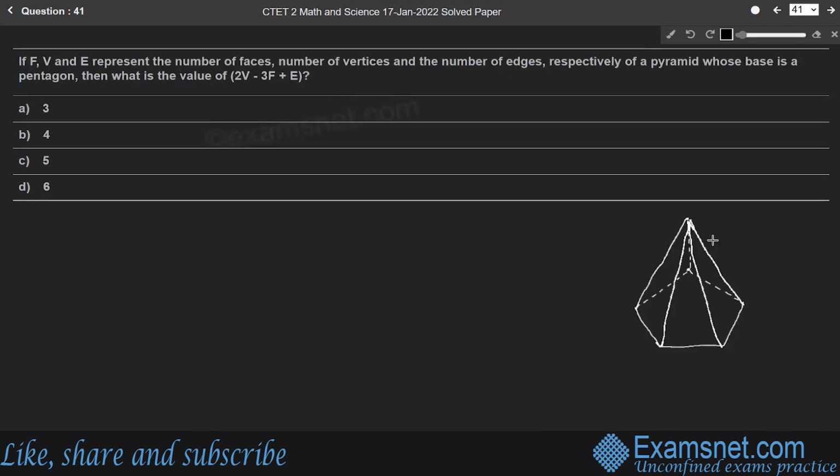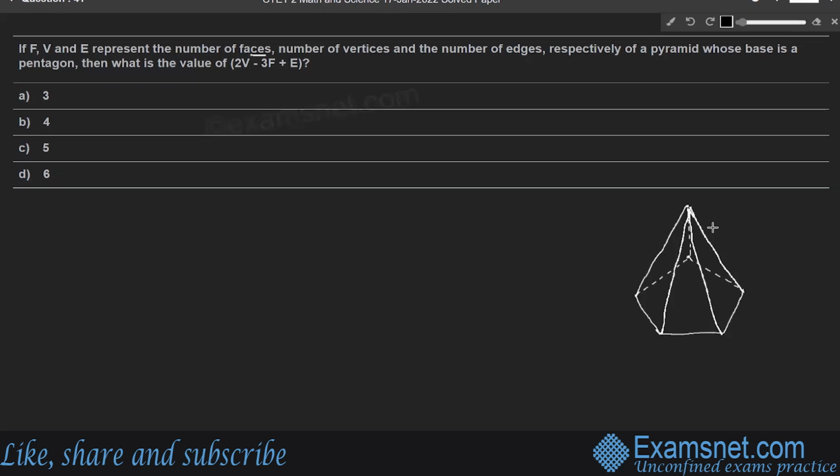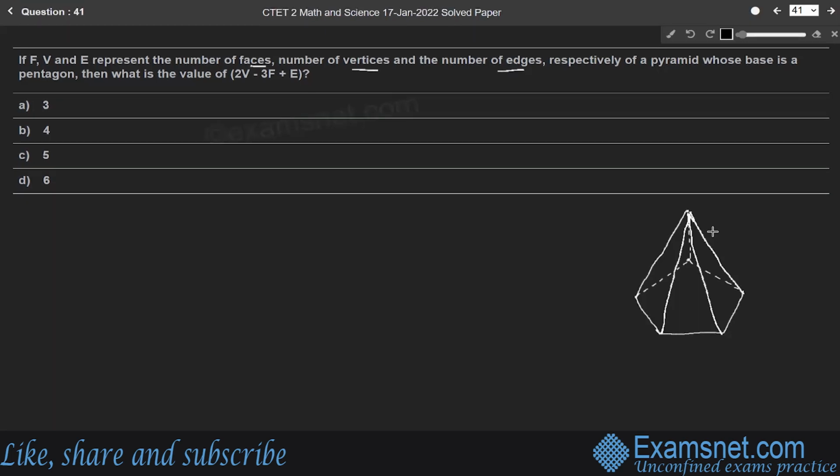Question 41. If F, V and E represent the number of faces, number of vertices and the number of edges respectively of a pyramid whose base is a pentagon, then what is the value of 2V minus 3F plus E? Here, let us consider a pentagonal pyramid.